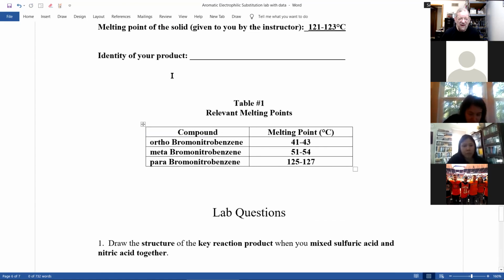Based on the melting point, you can identify which isomer you get and also what type of director bromine is. Now, don't forget, once in a while, the ortho is blocked when Z, the directing group, is real big. But there are only two types of directors, ortho-para or meta.